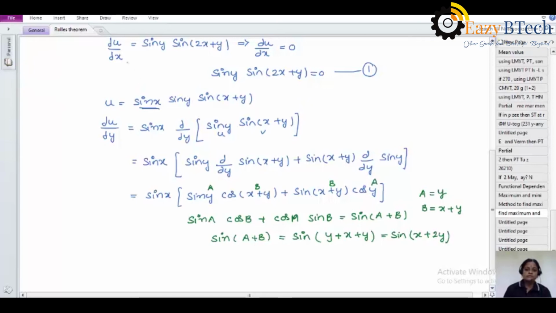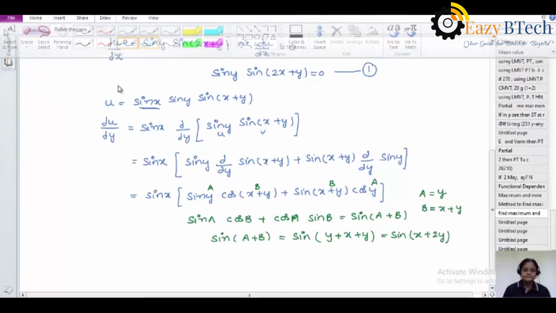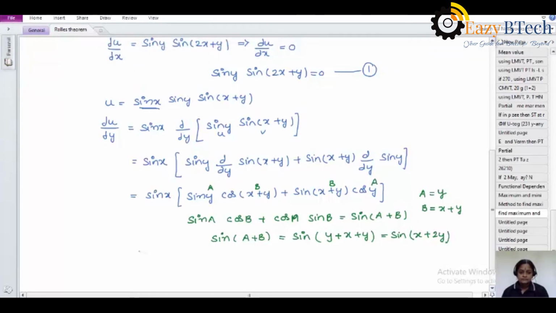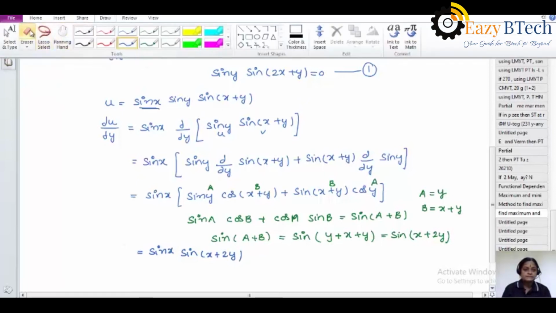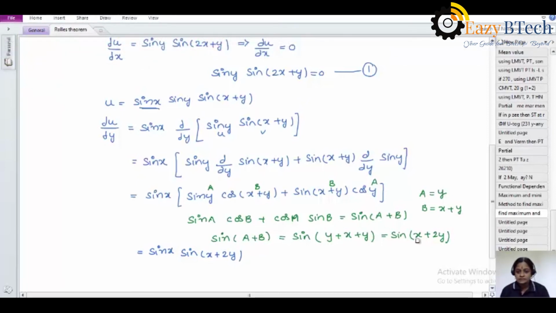Okay, now I am substituting this value here. So that value is sin x into sin of x plus 2y. So what is this value, students, here? So not x plus 2y here. Yeah, of course, x plus 2y. Okay, x plus 2y only.